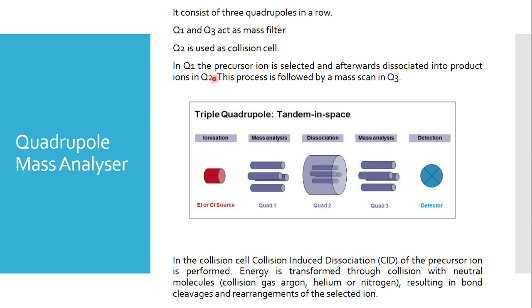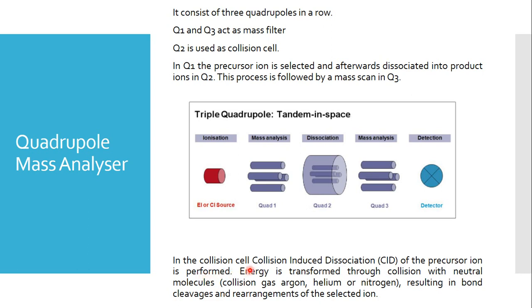In Q1, the precursor ion is selected and afterwards it is dissociated into the product ions in Q2, that is in the collision cell. This process is followed by a mass scan in Q3. So again the ions will be selected in Q3, that is the third quadrupole.